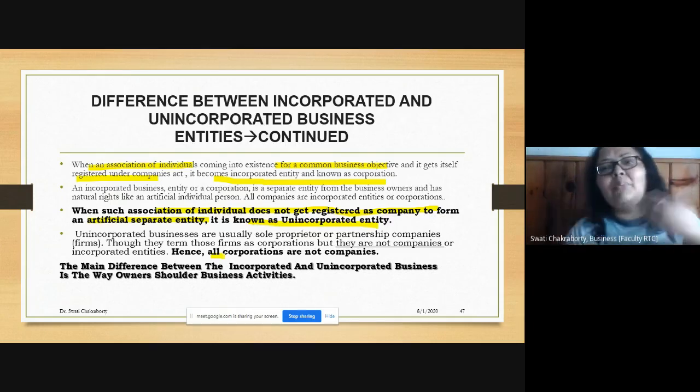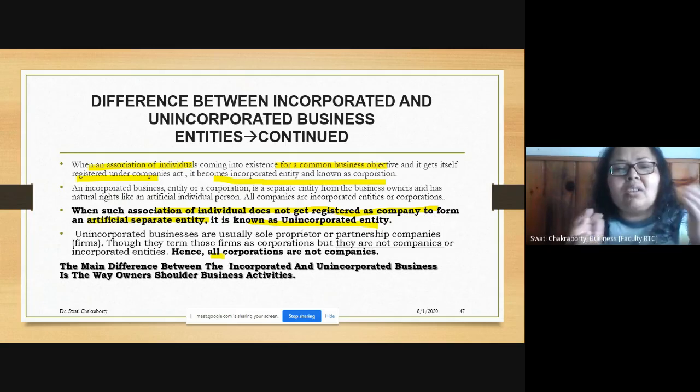We make that mistake, but they are not companies, and they are not incorporated entities.